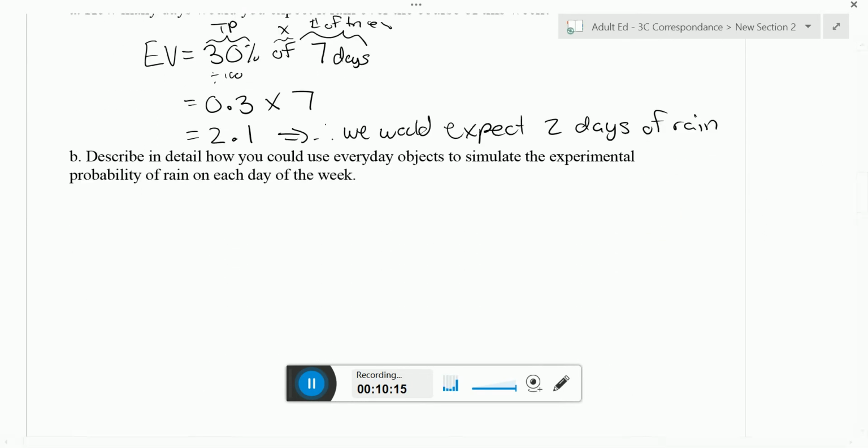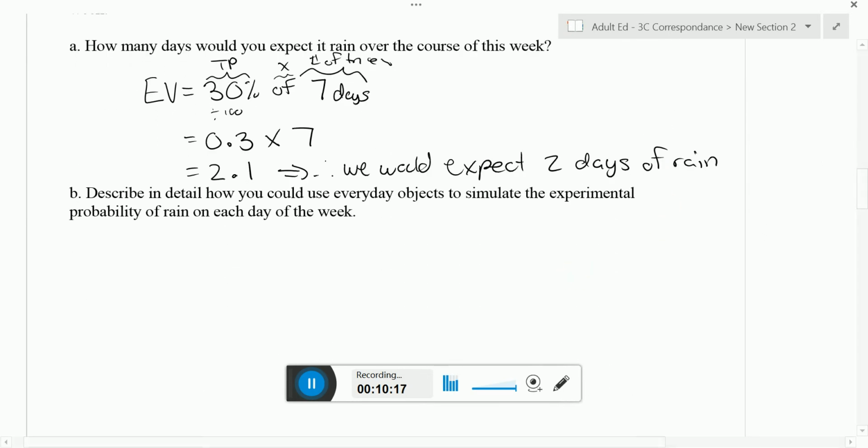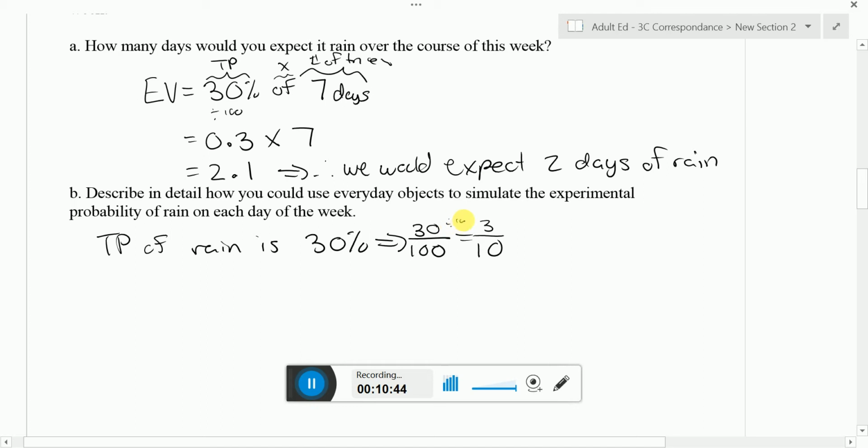Now, describe in detail how you could use everyday objects to simulate the experimental probability of rain on each day of the week. Again, the theoretical probability of rain is 30%, whatever percent you have, that's your probability out of 100. We can divide both the top and bottom by 10, which gives us 3 out of 10.